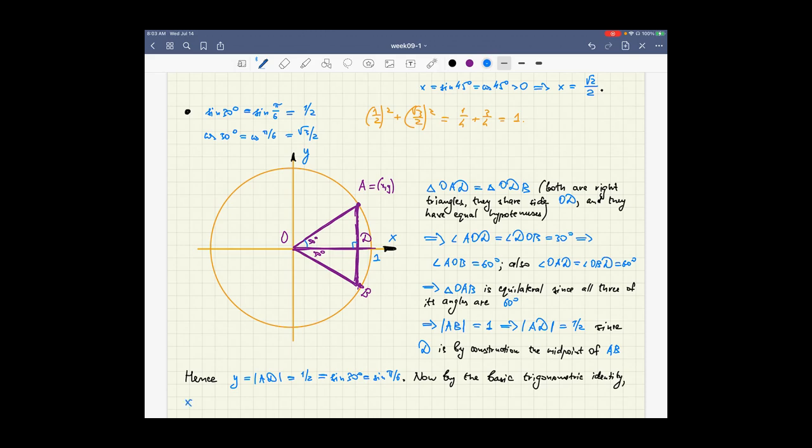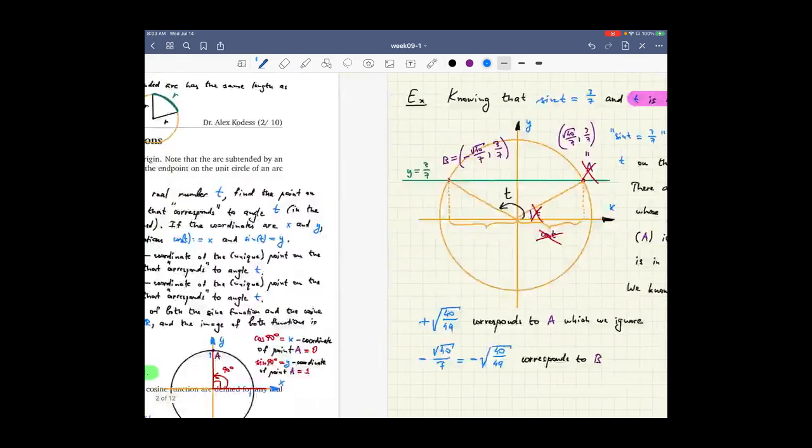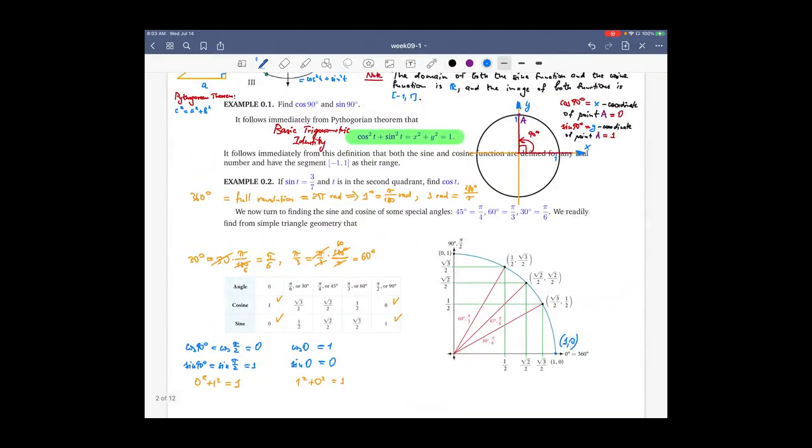x squared plus y squared equals 1. And so from here, immediately, x is plus minus square root of 1 minus y squared.